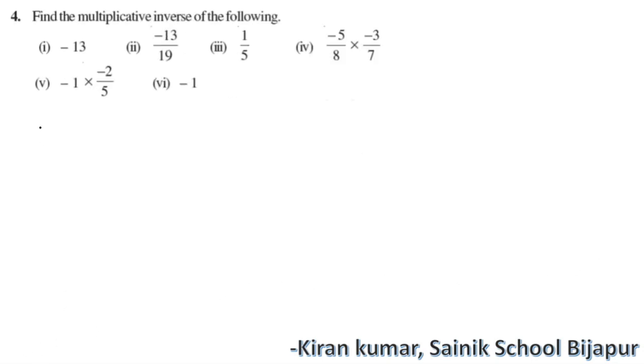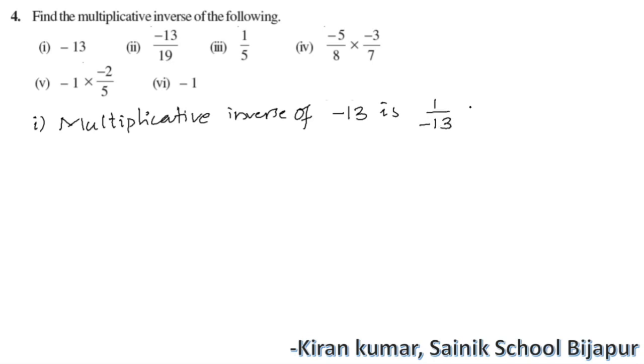Question 4. We need to find the multiplicative inverse of the following. In the first, we have negative 13. For the first one, the multiplicative inverse of negative 13 is 1 by minus 13 or negative 1 by 13.